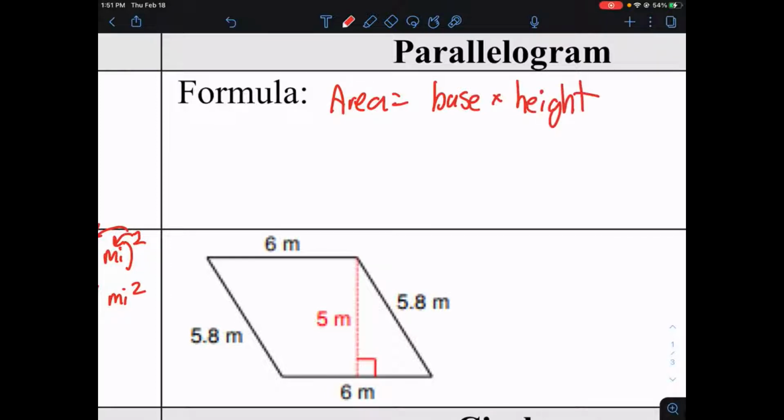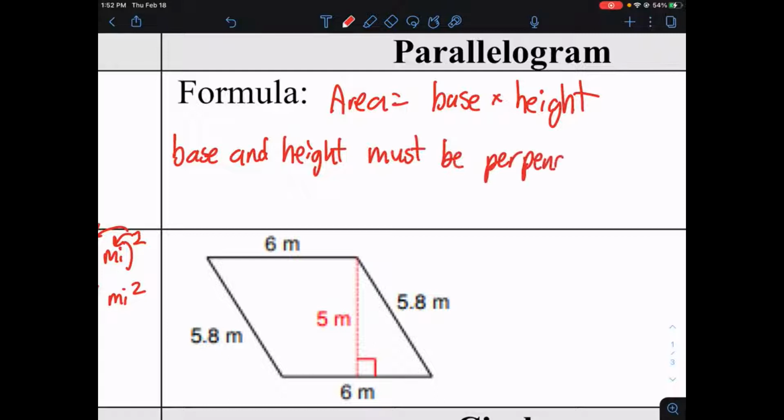And one key warning is that base and height must be perpendicular. Remember, perpendicular means that they form a right angle.